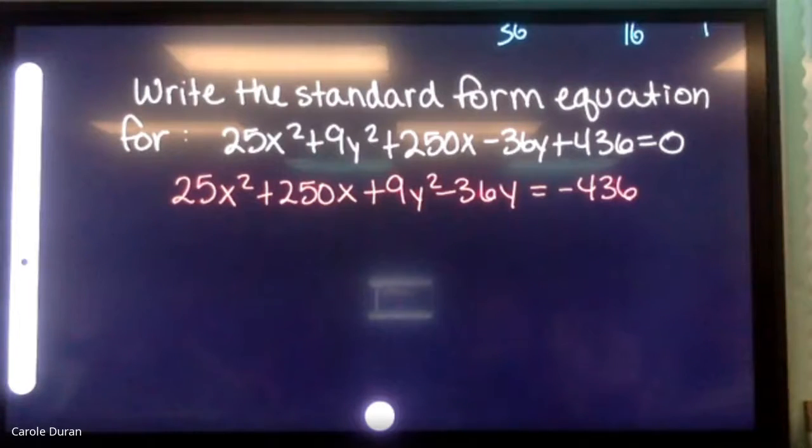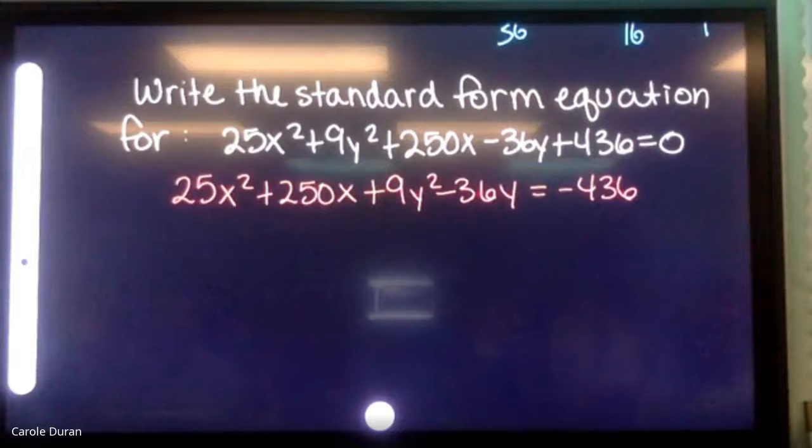This is where it gets a little bit different than it did for these circles. What do I notice about both my x squared and my y squared here? Are they by themselves, or do they have something attached to them?